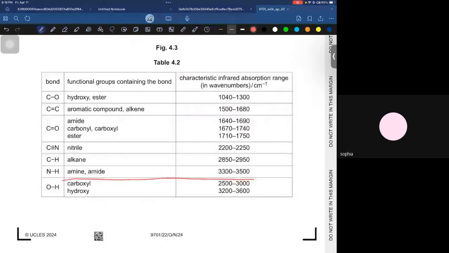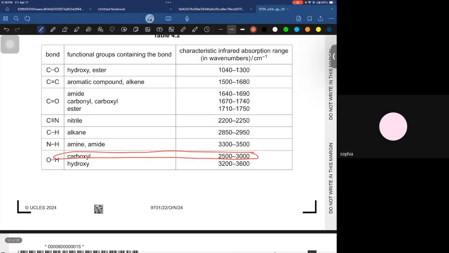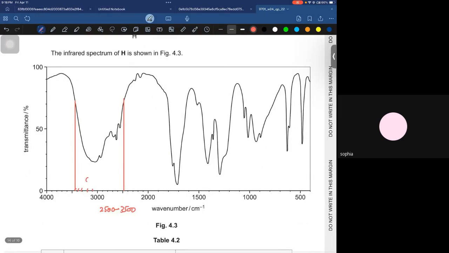You can see this is the peak for the carboxyl group, which means that H is a carboxylic acid. This peak is for the carboxylic acid group.